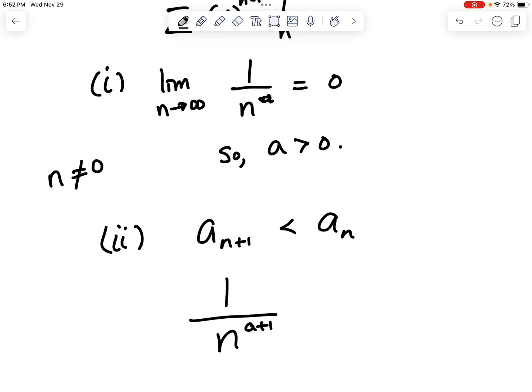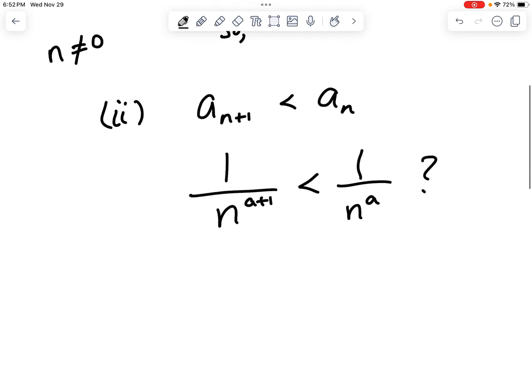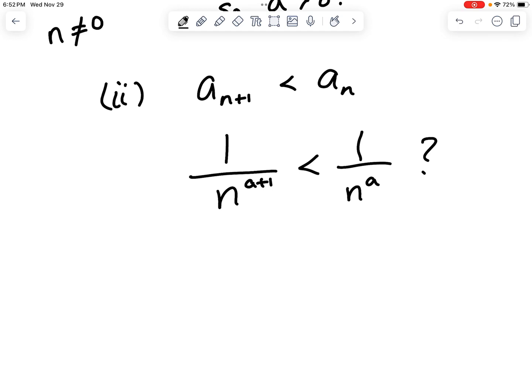So if you substitute n plus 1 for the exponent, is that smaller than when you just have n? So is that always true or sometimes true? Let's see. So you can invert the fractions. This one will become n to the a plus 1. This one will become n to the a. And then that inverts the inequality.